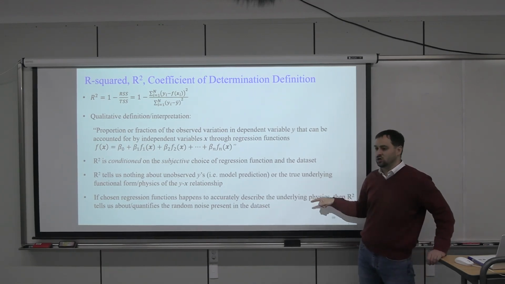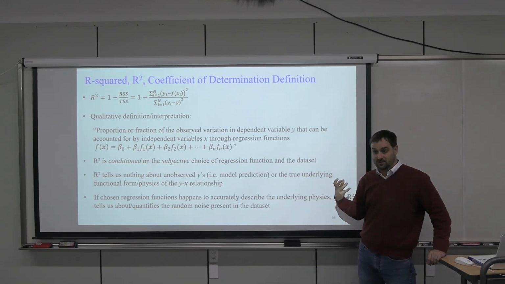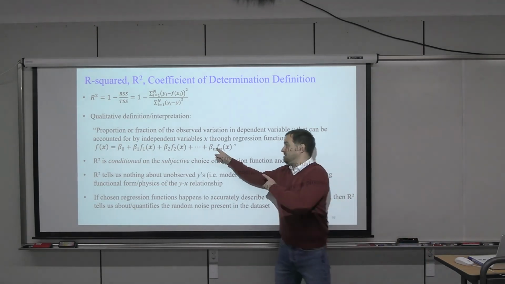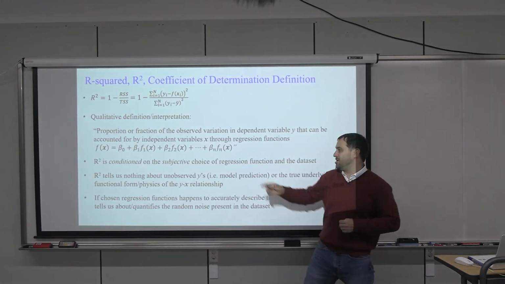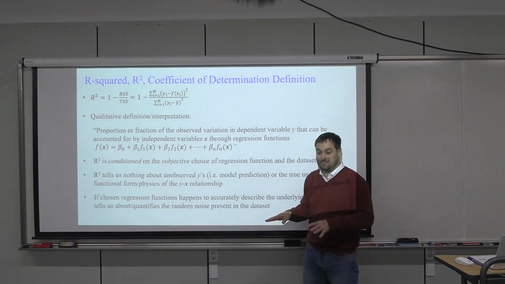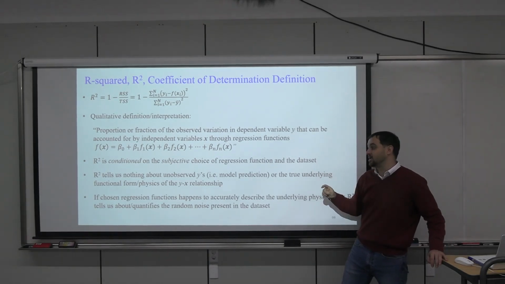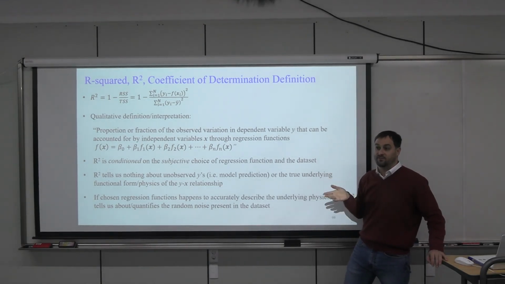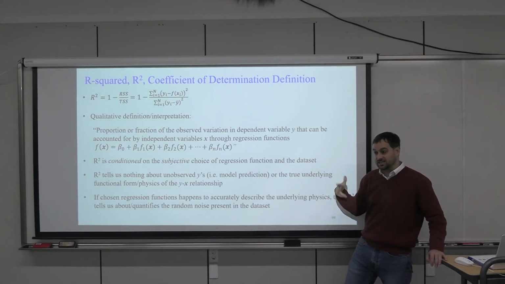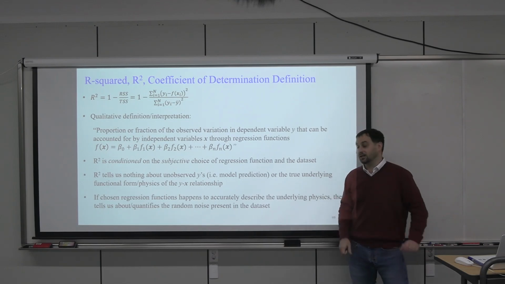So this is a special case. If we have a priori knowledge of the underlying physics and we incorporate that into the model, so we know we have the correct functional form, then in that special case r squared actually helps us quantify the noise, basically the variance or the standard deviation of the noise present in our model.